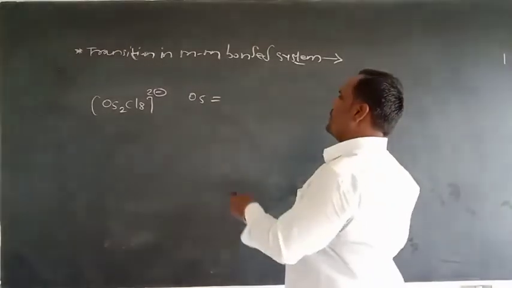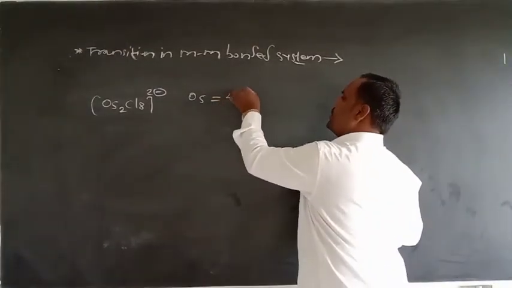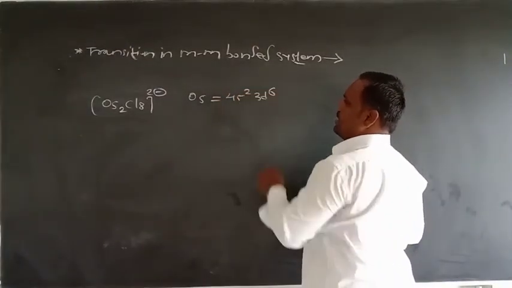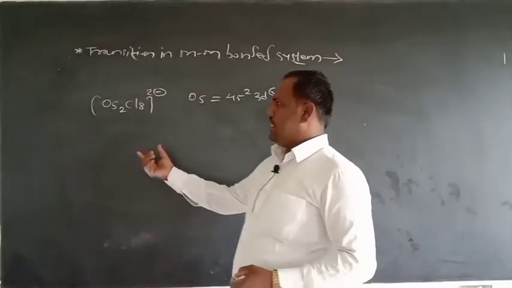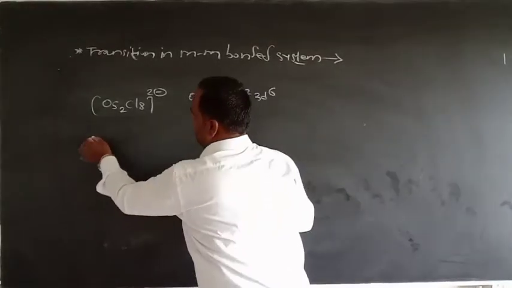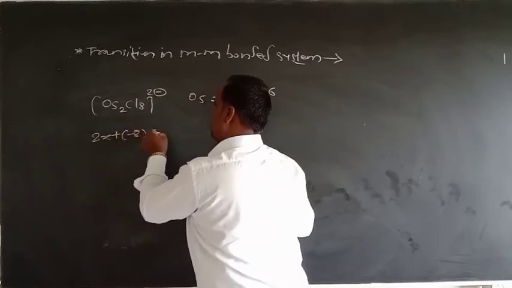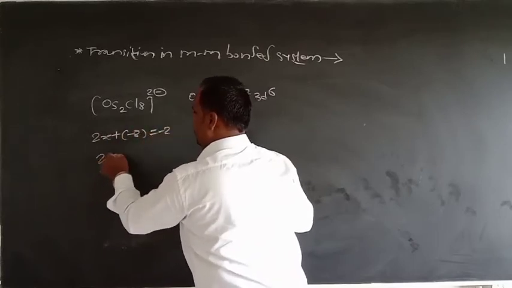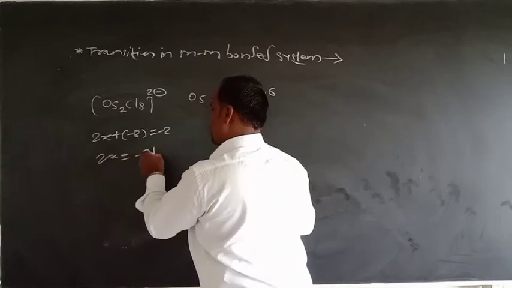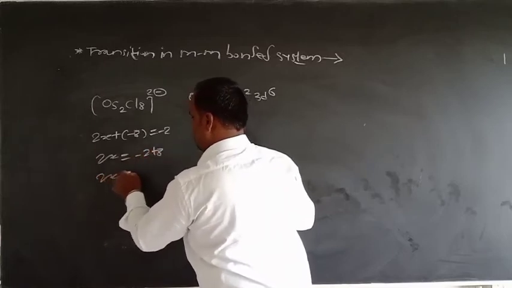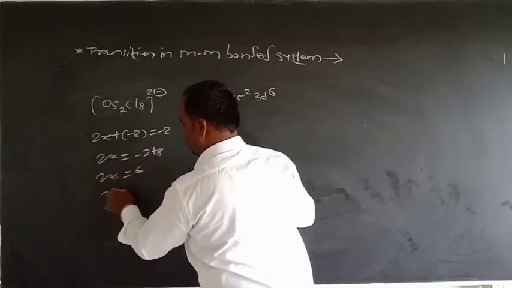So the valence configuration is 4s2 3d6. If you find out the oxidation state, again in this case 2x plus minus 8 is equal to minus 2. So 2x is equal to minus 2 plus 8, so 2x is equal to 6 and x is equal to plus 3.